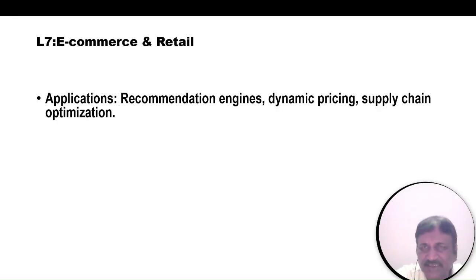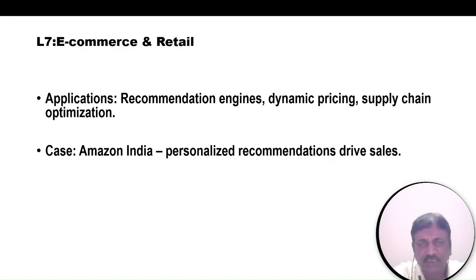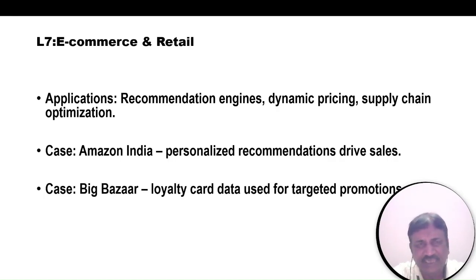The pricing change. Then supply chain optimization. All these applications you will be seeing with e-commerce websites, particularly Amazon, Flipkart, and whatever websites are providing this kind of service. Amazon India personalizes recommendations and drives the sales.